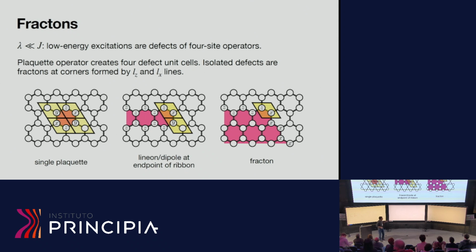And if you apply some plaquette operators on this membrane and send away the other three excitations, you would get the single fracton living at the corner between this Z and X lines. You can look at the interactions again and convince yourself that you cannot move these excitations without creating additional defects by applying other operators here.